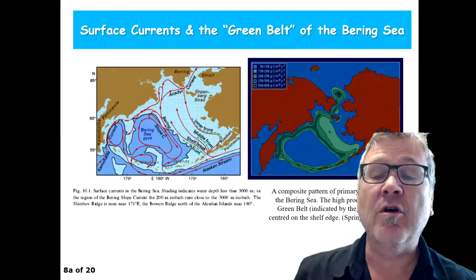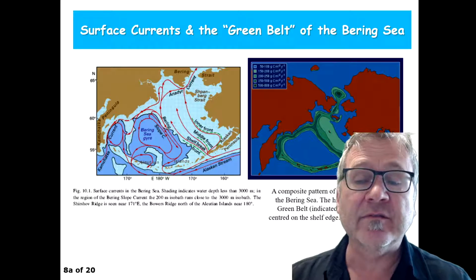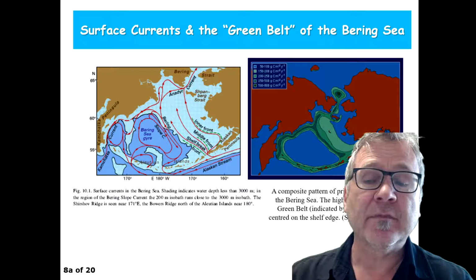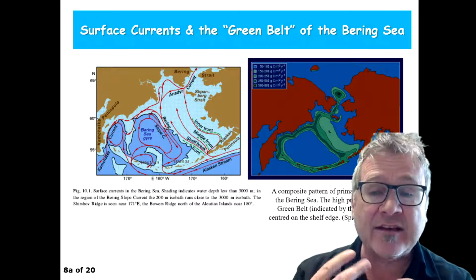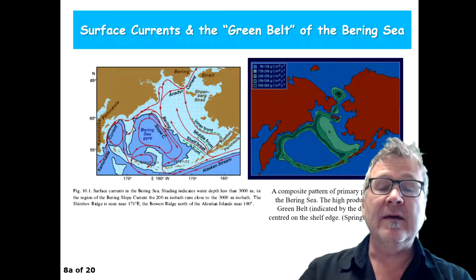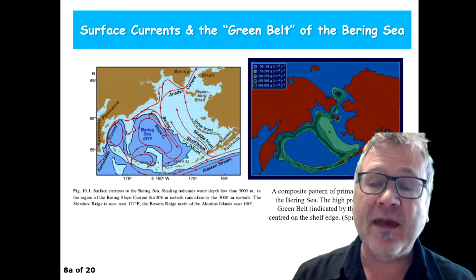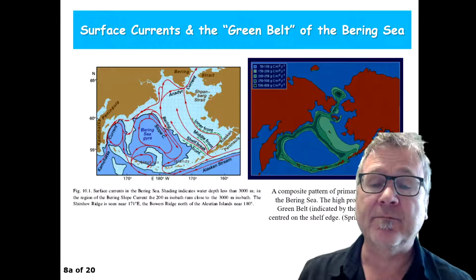It's a very narrow current system which moves opposite to the wind-driven current. So what the slope current does in this area is produce localized upwelling and trigger the formation of what we call the green belt in the Bering.